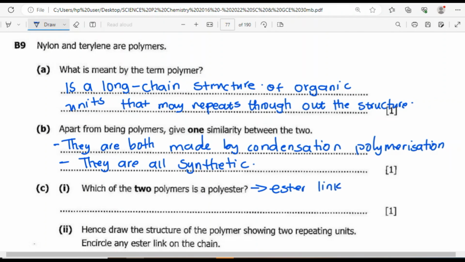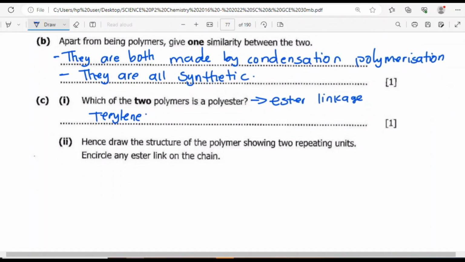So from there, an ester linkage is found in terylene. Okay, then hence draw the structure of the polymer showing two repeating units, circle an ester linkage.